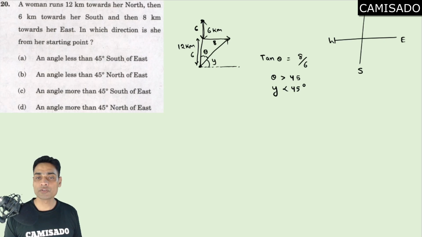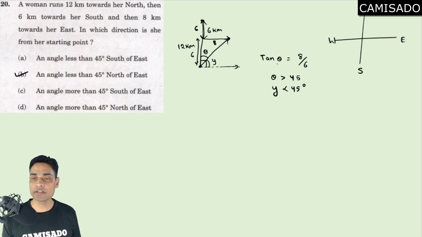How come? Because this complete angle is 90 degrees. So if this angle is greater than 45, ultimately y becomes less than 45. So regarding the direction, it is an angle less than 45 degrees north of east. Here it is east, and on the upper side is north. So north of east. So basically B is the correct option.